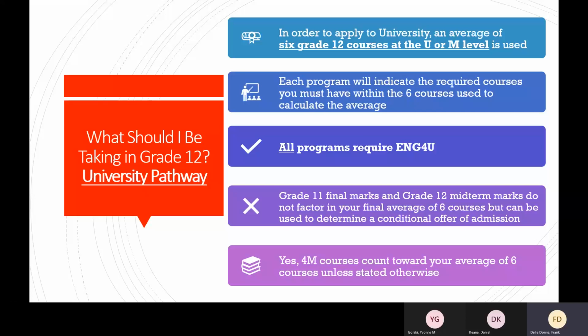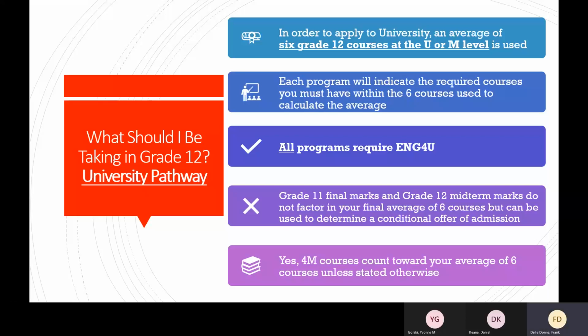It is important that you begin your research using eInfo and My Blueprint, as Mr. Keene mentioned earlier. All university programs require English. It is mandatory. Since you do not take all your grade 12 courses at once, universities will review your grade 11 marks and grade 12 midterm marks as they begin to determine if your average of 6 courses qualifies you for their programs.